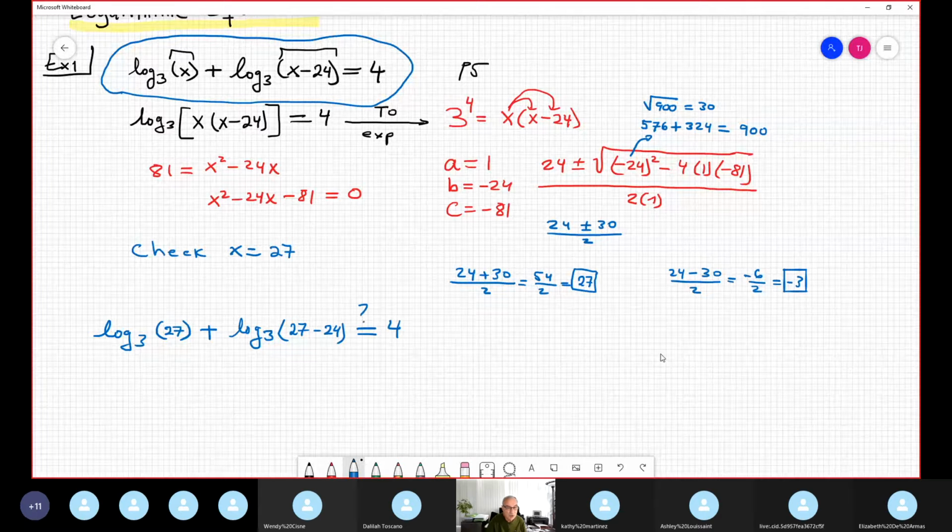I claim that because I am checking, I am verifying whether this is true or not. So basically it's logarithm base 3 of 27 plus logarithm base 3 of 27 minus 24, which is 3, should be 4.